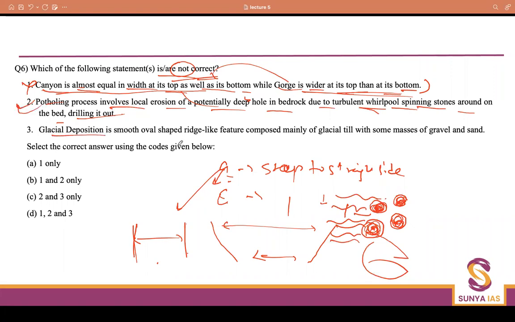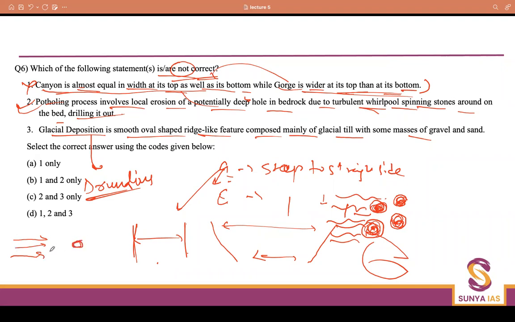Third, a glacial deposit is a smooth oval-shaped ridge feature composed mainly of glacial till with some mass of gravel and sand. What is this talking about? This is talking about drumlins. We had studied this in our lecture. What happens when the glacier is moving? Say, for example, the glacier is moving in this direction and there is a rock structure in between.